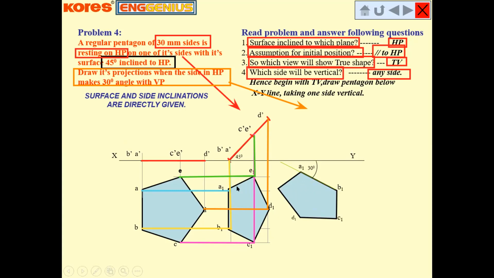So how are you going to draw it? I'm repeating this for your better understanding. First of all, draw one line which is at 30 degrees. Now take any point somewhere over here and mark this distance.